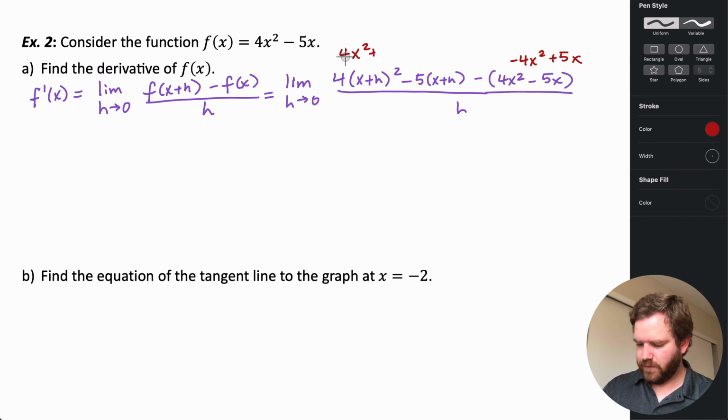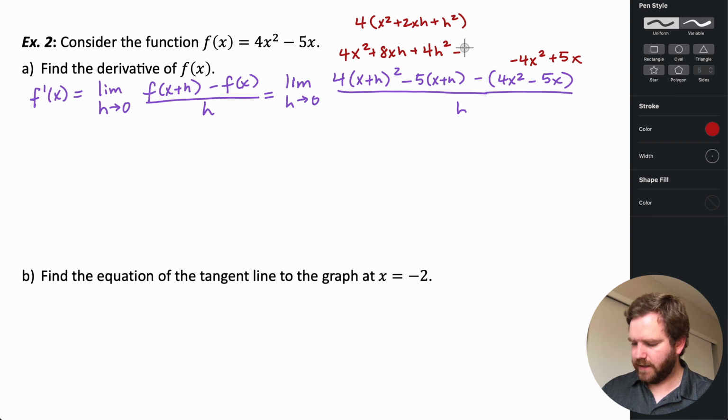So that's going to be 4x squared plus 8xh plus 4h squared, right? So that was just the 4 times x squared plus 2xh plus h squared from expanding this here. And then it's going to be minus 5x minus 5h. Running out of space. And then we're subtracting that from it.